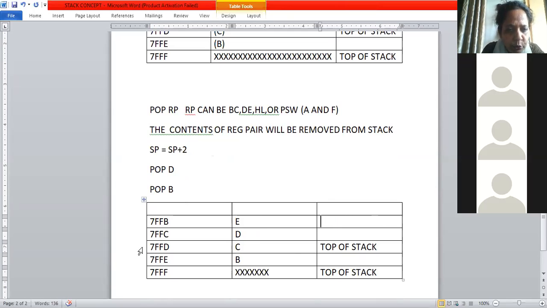So my new stack pointer will be this. When I say pop B, now the B and C contents will be removed from the stack. Removed from the stack means they remain there, and the stack pointer will now point to this particular address. So the stack pointer automatically increases.